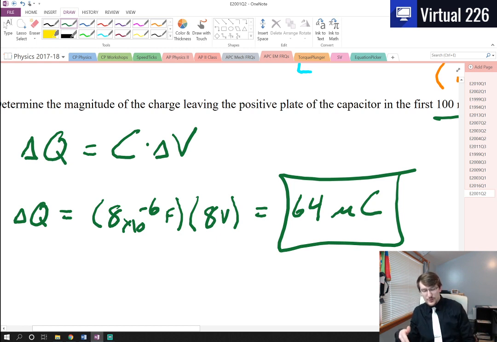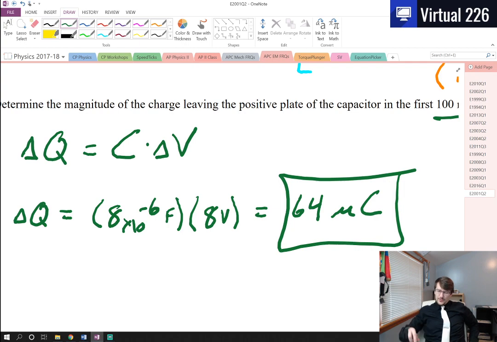If you wanted to, you could use an RC discharge equation there, CV times the quantity 1 minus e to the minus t over RC, and then calculate it that way, looking at that amount of time.